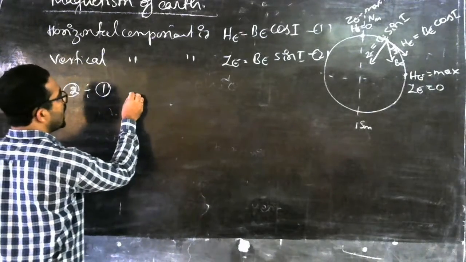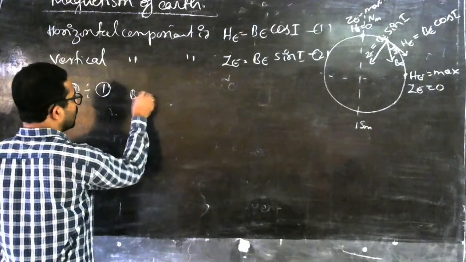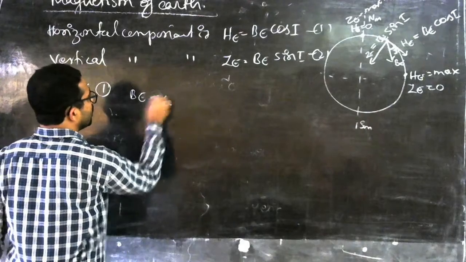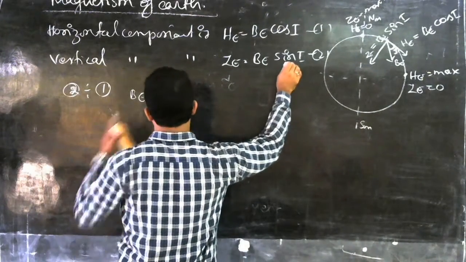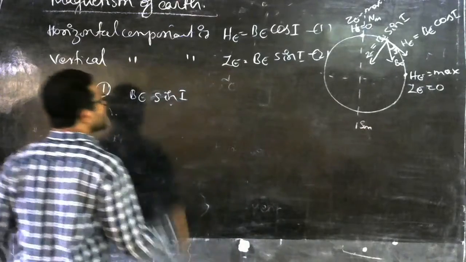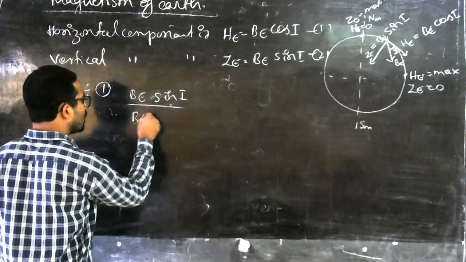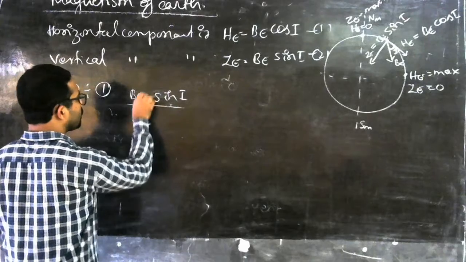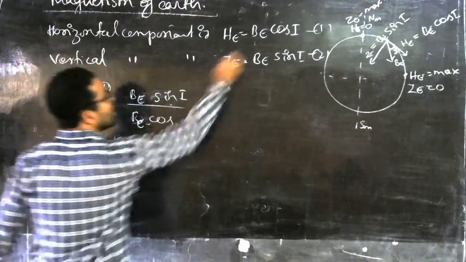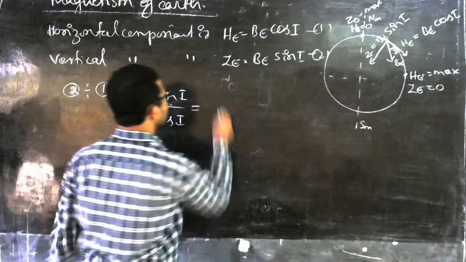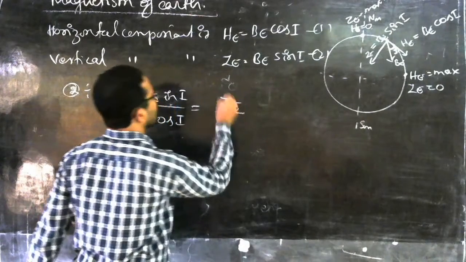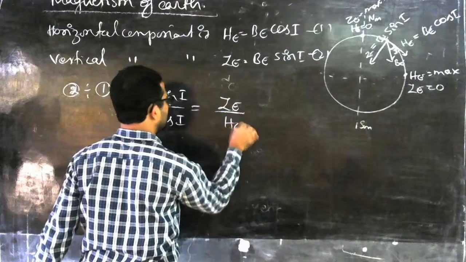BE sin I divided by BE cos I gives ZE divided by HE.